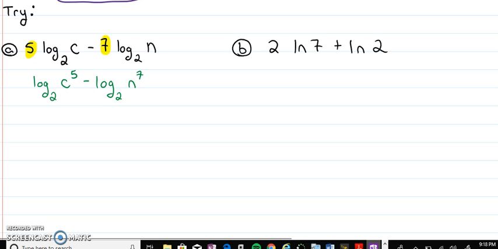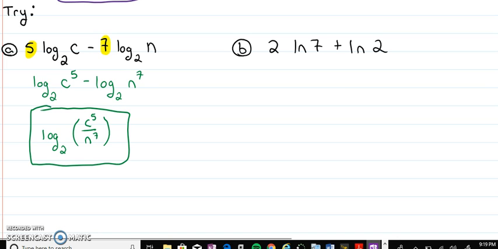Now because it's subtraction, I'm going to use our quotient rule, and we're going to say that this is really log base 2 of the first one on top, c to the 5th, divided by the second one, n to the 7th. So that would have been the answer you should have gotten.